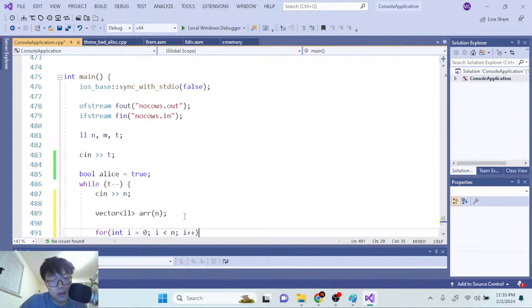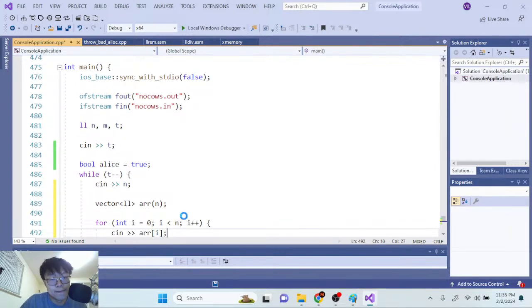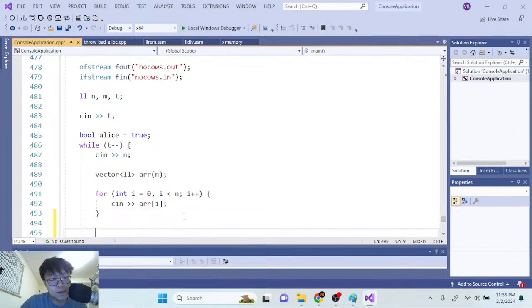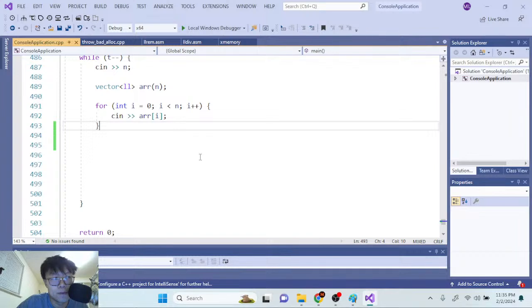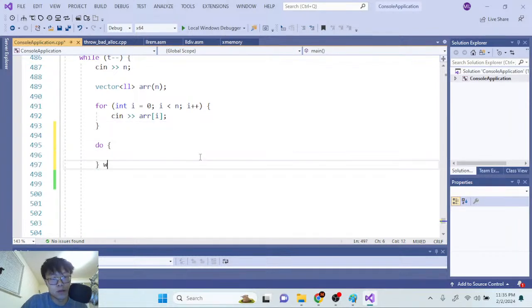Okay. So I'm going to read in the array. What should we do first? What is A1 first? A1 is 1. Okay, so we're going to do while r at 0 is not equal to 0, right? And then what we're going to do is, it's Alice's turn right now.